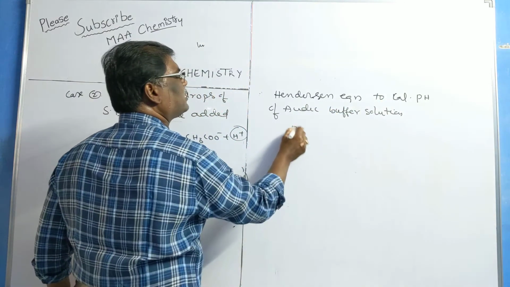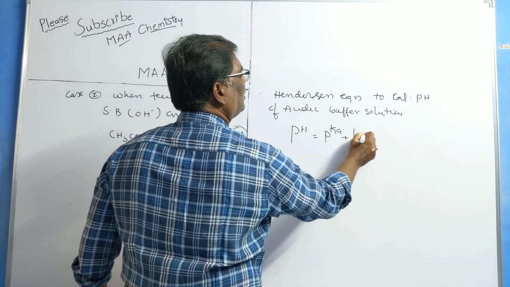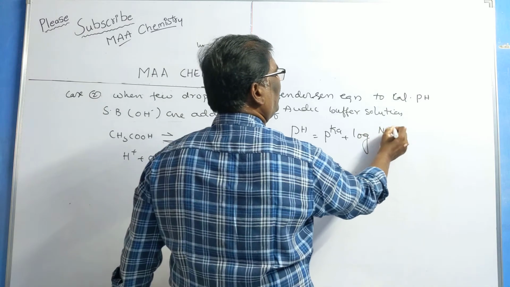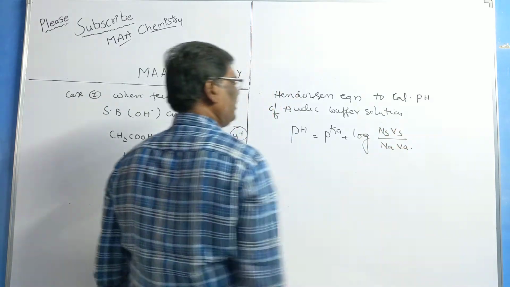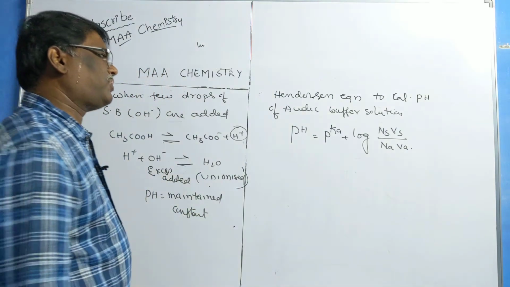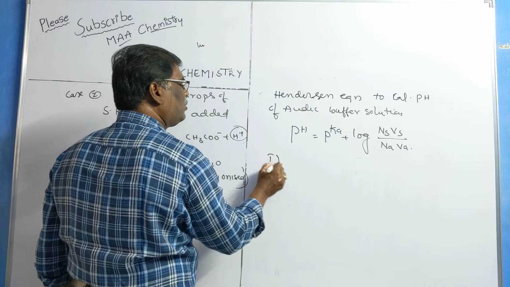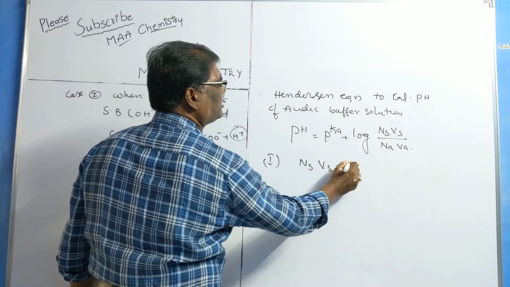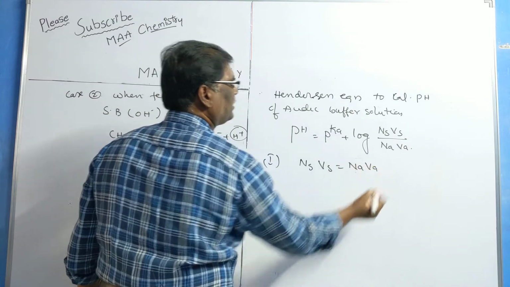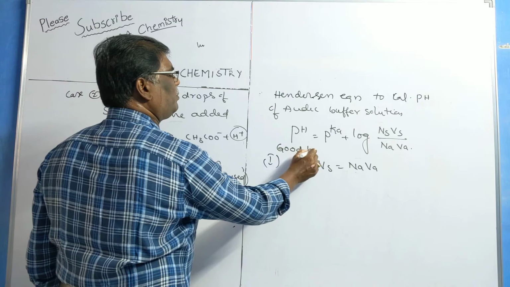The formula is pH is equal to pKa plus log of strength of salt by strength of acid. Again, strength of salt by strength of acid. Now note, if the strength of salt is equal to the strength of acid, then the buffer is named a good buffer.